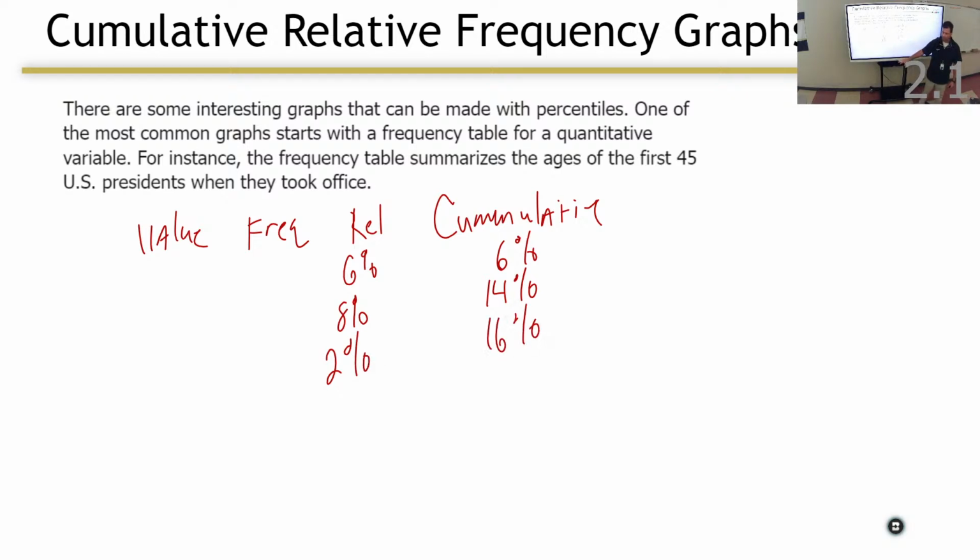And when I get down here at the bottom, I will be at 100%, because 100% of the data will fall at that value or below. 0% falls to the left of this value. So that's what we're looking at when we look at a cumulative relative frequency graph. We're looking at the percentages of the relative frequencies, and then we're going to accumulate them as we go.